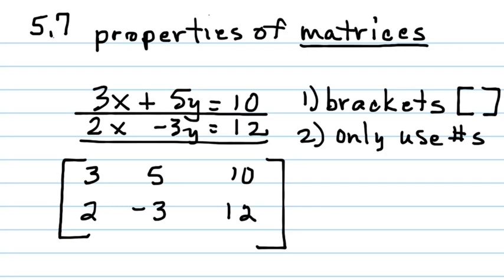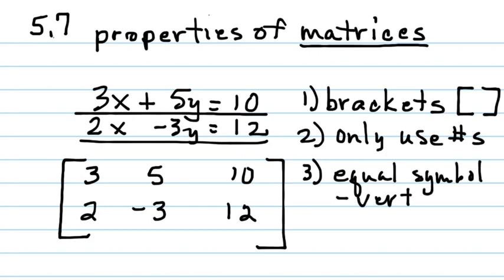Now there's part of this that we're missing here. We need to make sure that this equal symbol is represented. And the way we do that is, where the equal symbol would be, we use a vertical line. And that just tells you that that's where the equal symbol would be.